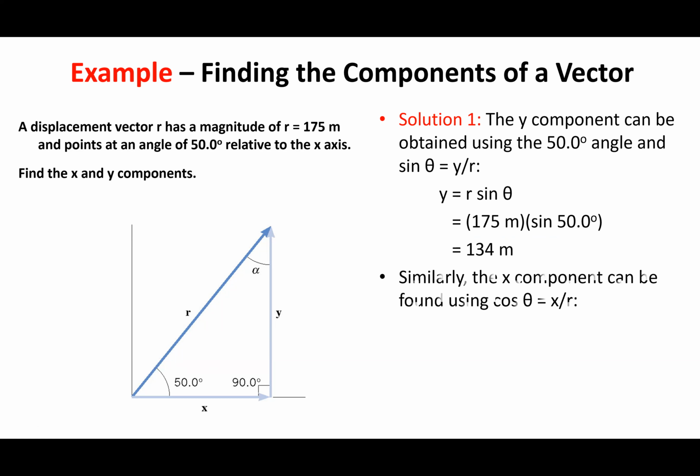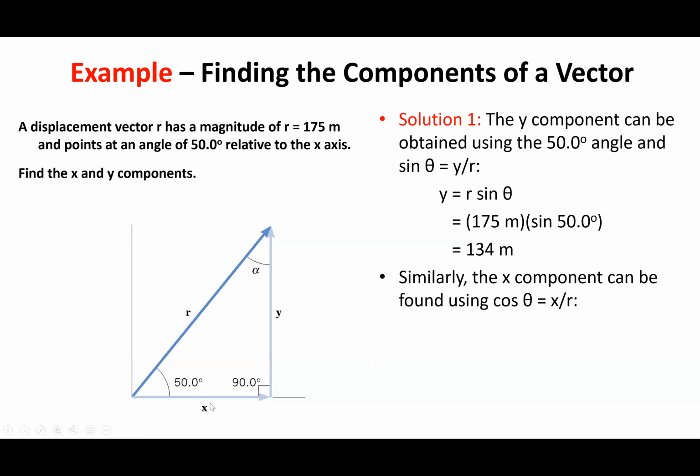For the second part, we're going to use cosine because we're trying to find the X, and compared to 50, the X is adjacent to it, it's beside it. The Y is opposite the 50, the X is beside the 50. Adjacent means beside. So we're going to use cosine. Cosine is adjacent over hypotenuse.